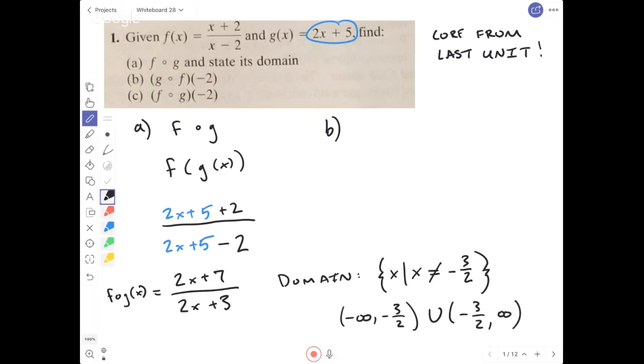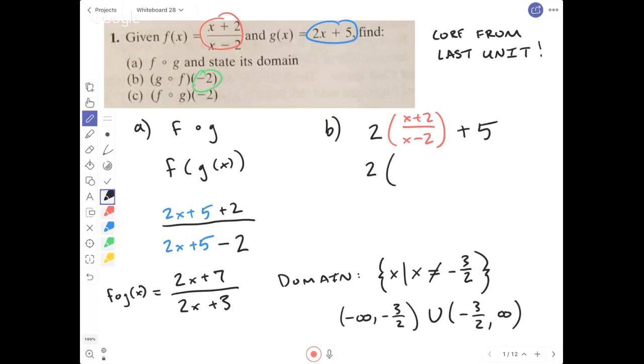So the g of x function is 2 times something plus 5. And that something is going to be the f of x. So 2 times x plus 2 over x minus 2, plus 5. And I'm supposed to plug in negative 2 for x.